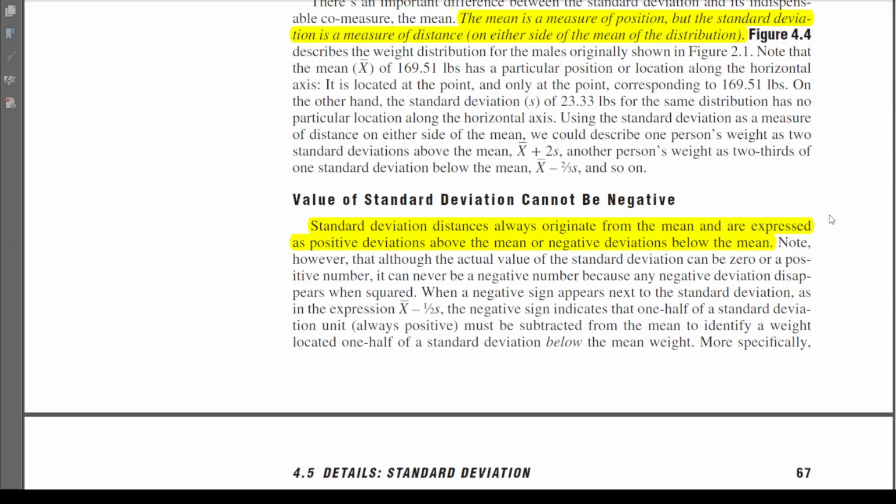So, although we specify a data point as being two standard deviations below the mean, or we identify it by saying x bar minus 2s, the standard deviation is not negative. It is the position of the point that is signified by x bar minus 2s.